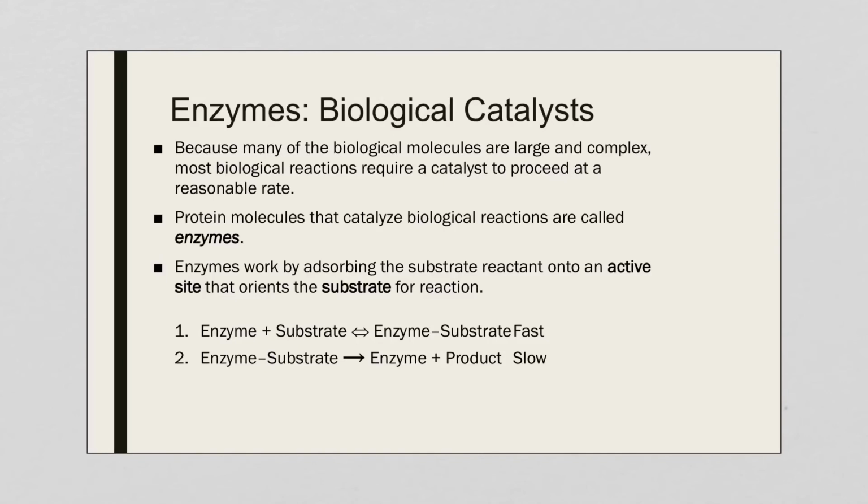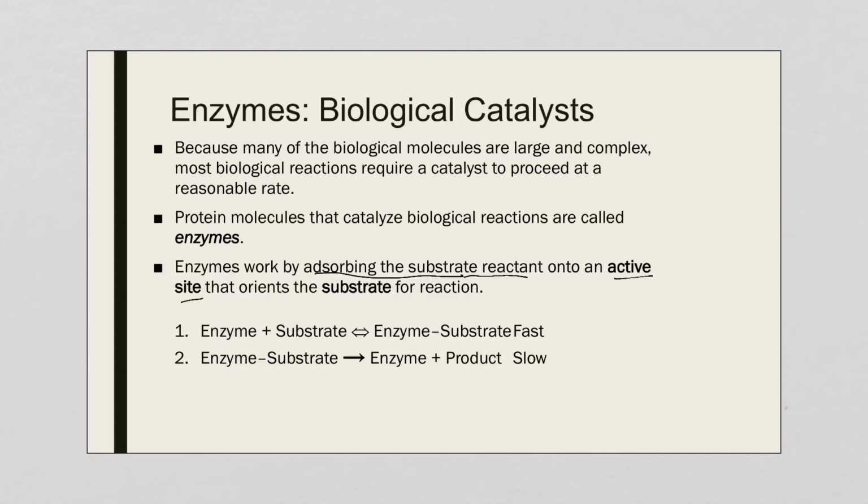Now, enzymes are proteins, and they catalyze mostly by doing what I'm saying: they absorb the substrate, which is one of the reactants, into what we call the active site of the enzyme. And this active site gives the molecule the correct orientation to get a productive reaction, to get a productive collision.